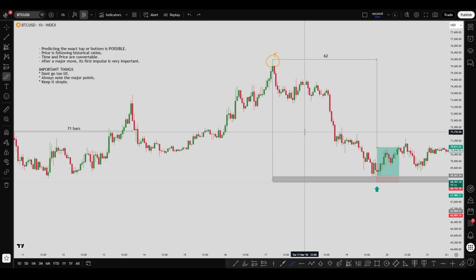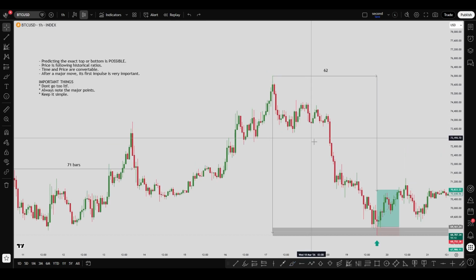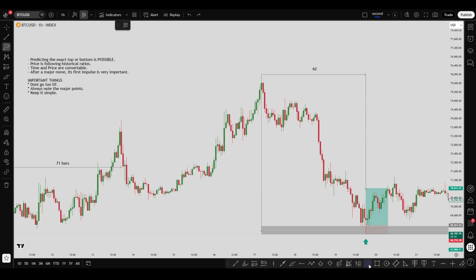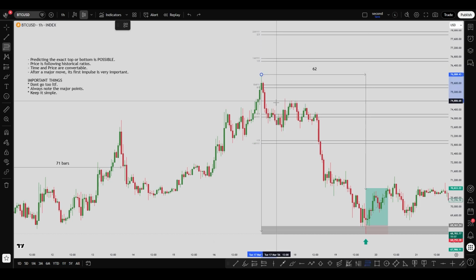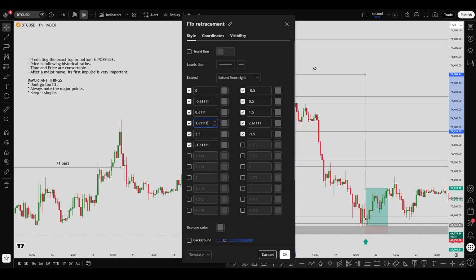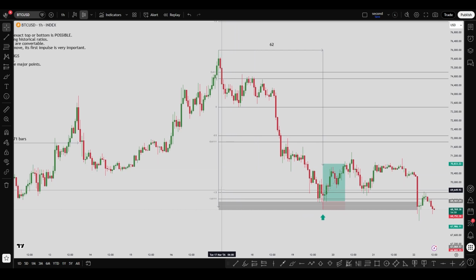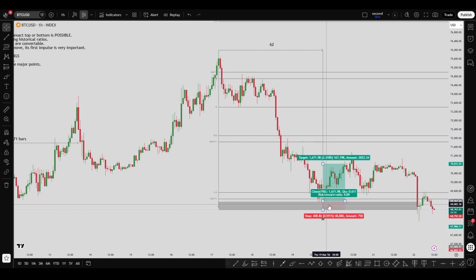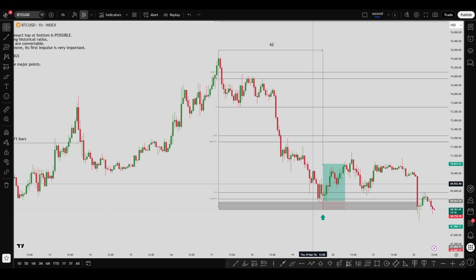So if you get the Fibonacci retracement tool and draw from the high to the low and use the Fibonacci ratios, you will see that the 1.5 and 1.618 level exactly shows the low. It doesn't pinpoint it, it's slightly off, I know, but that's completely okay.